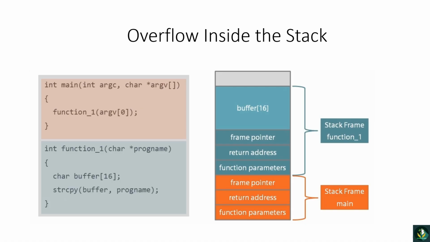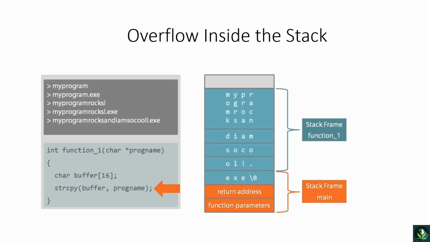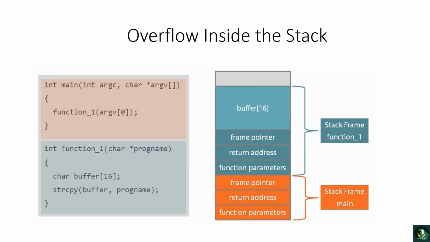This local variable is automatically created on the program stack, as we can see here in function 1, which uses the string copy function to copy the name of the program into the buffer and return to main.